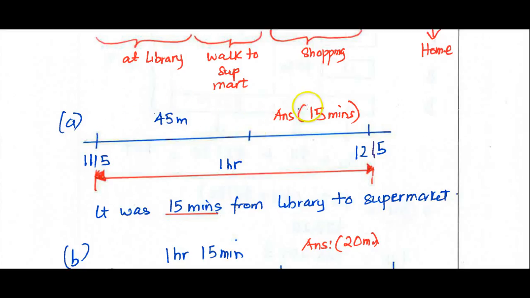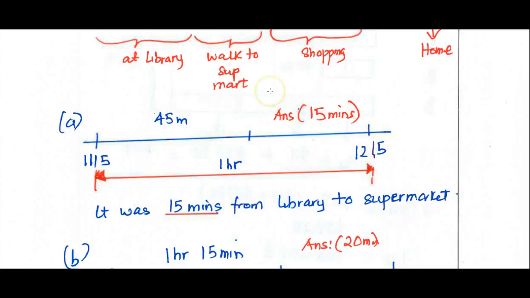Take 1 hour minus 45, you get 15 minutes. 1 hour is 60 minutes minus 45, you get 15. So when she left the library and started walking, she took 15 minutes before she reached the supermarket at 12:15.